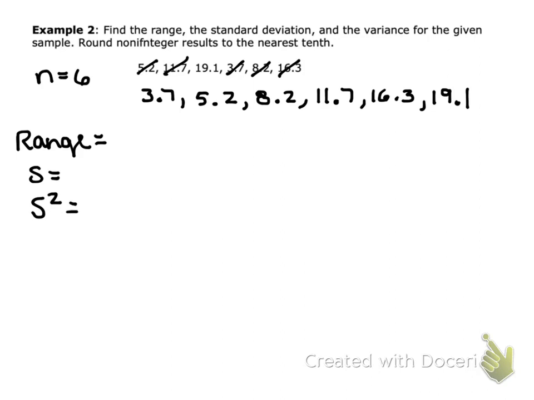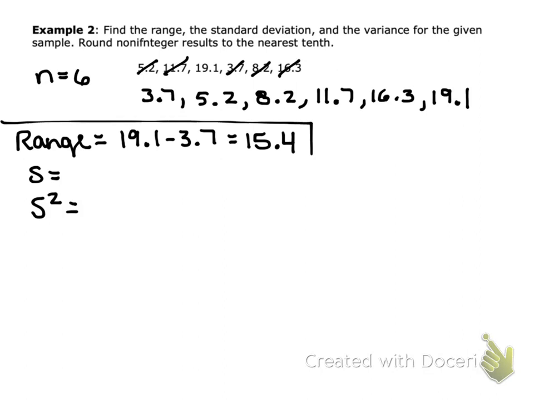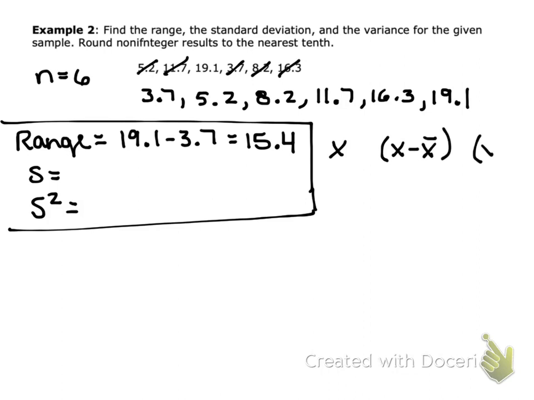My range, again, is my easy one. I would do 19.1 minus 3.7, and I'd end up with 15.4. This is my answer key right here. Okay. So now I'm going to create my table. I have my x, my deviation, which is x minus the mean, and then my deviation squared, which is where I get my variance.